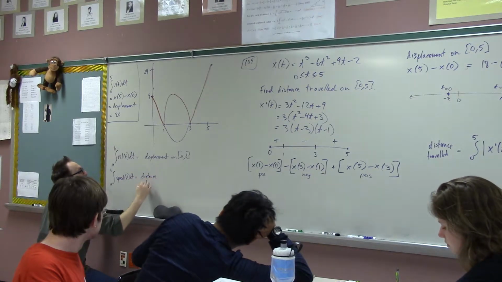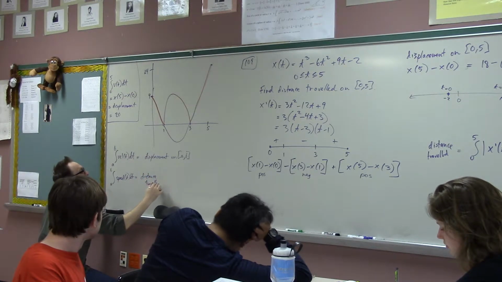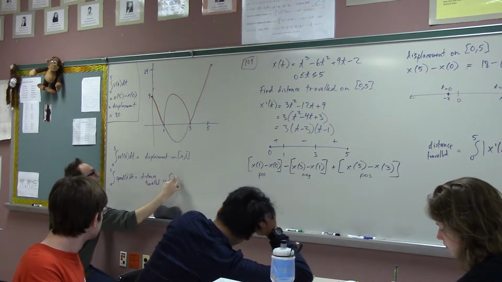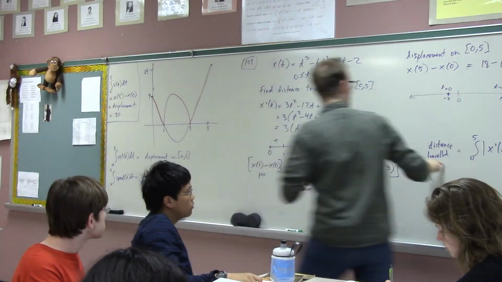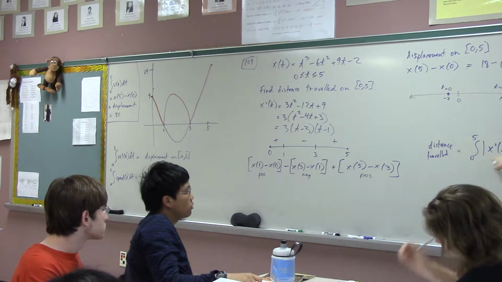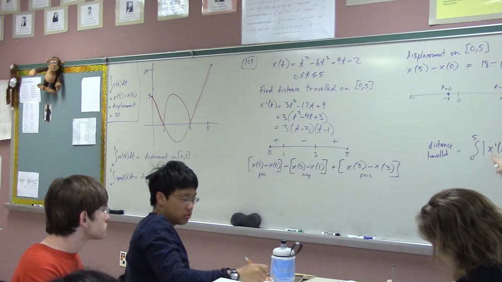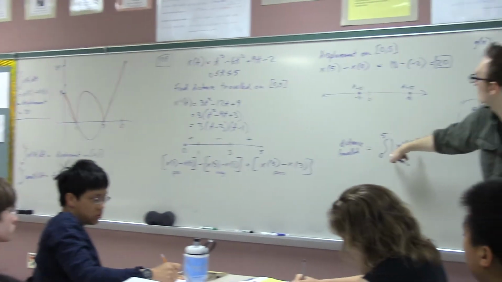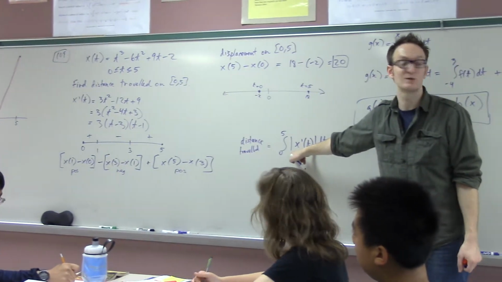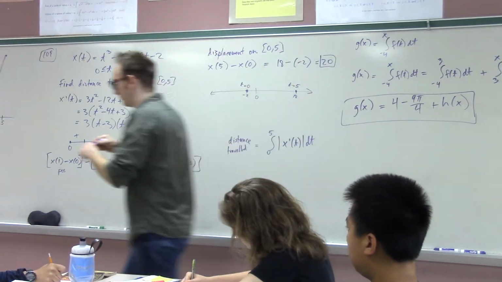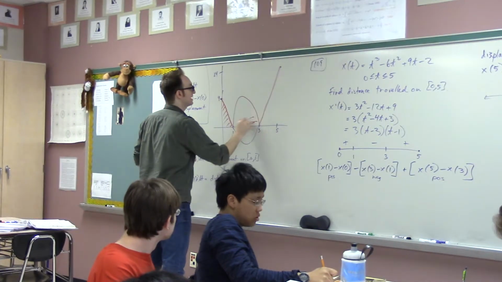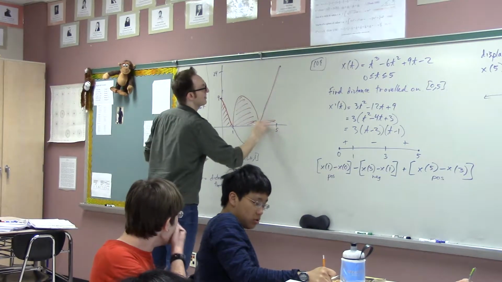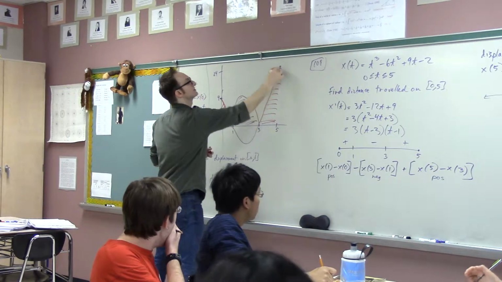Does this make sense? So what the book is telling you to do, in order to calculate the distance traveled, is take the derivative of x, which gives you the velocity. Take the absolute value of the velocity, which gives you the speed, and then take the integral of that, which is equivalent to finding this area, and that will be the total distance traveled.